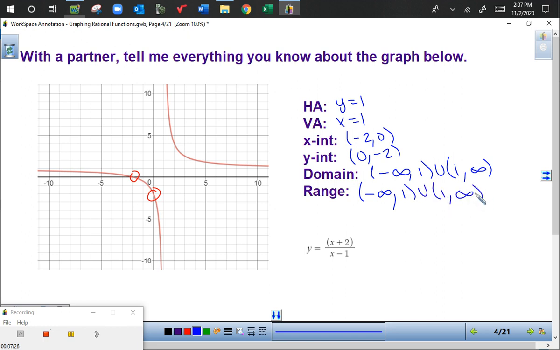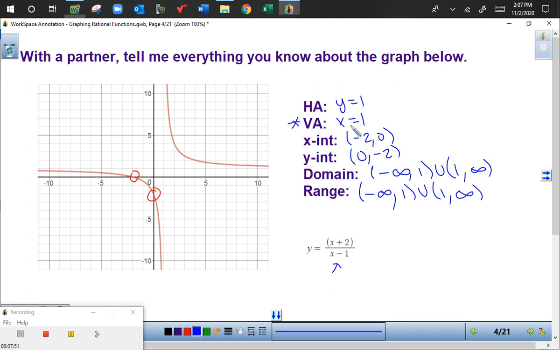Okay, but you'll see below that I have an equation written here, and I want to talk about where these things come from dealing with the equation. That's the whole goal of today, is to notice the patterns to tie the algebraic parts of the function to the graph. So if you'll notice, this x minus 1 is on the bottom, and that directly ties to the vertical asymptote.